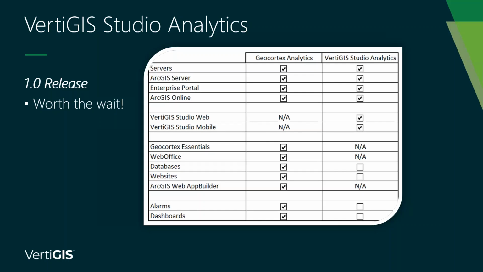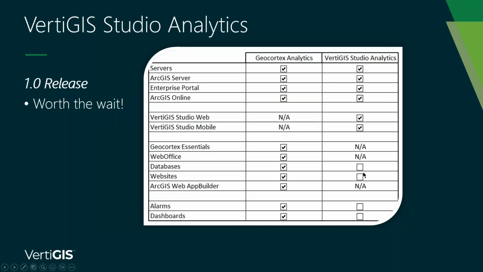Unlike GeoCortex Analytics, VertiGIS Studio Analytics has out-of-the-box support today for VertiGIS Studio Web and VertiGIS Studio Mobile. I think I pointed out in a previous Road Ahead webinar that for the mobile use case, that actually includes disconnected information gathering, which we're really excited about. It does not support GeoCortex Essentials or WebOffice, where GeoCortex Analytics did.